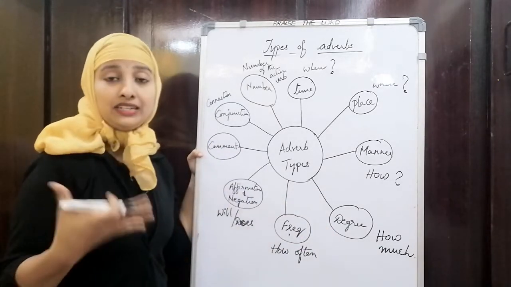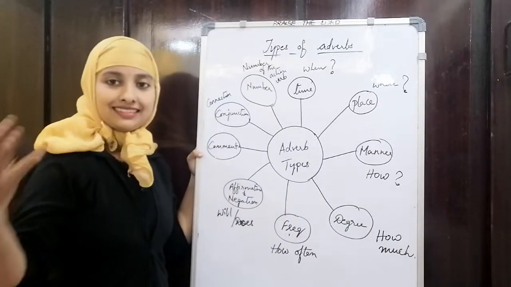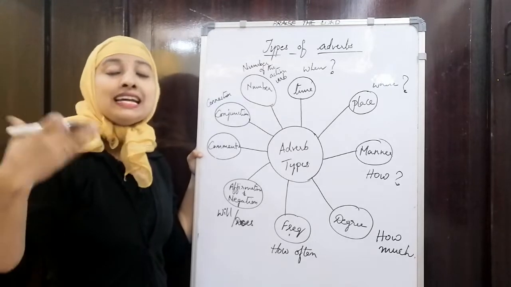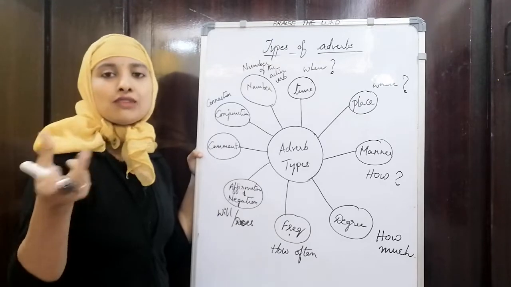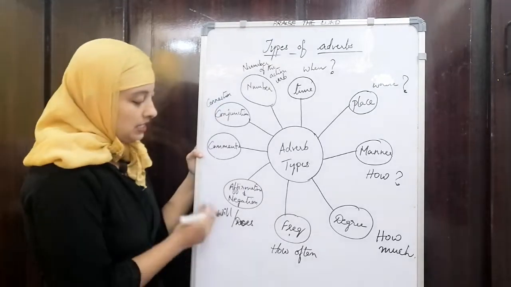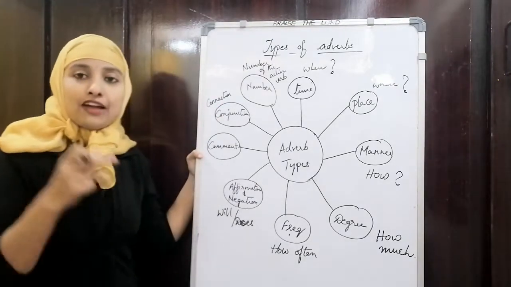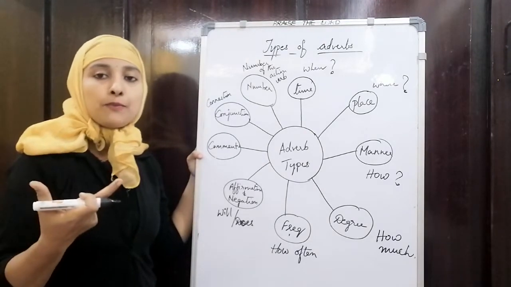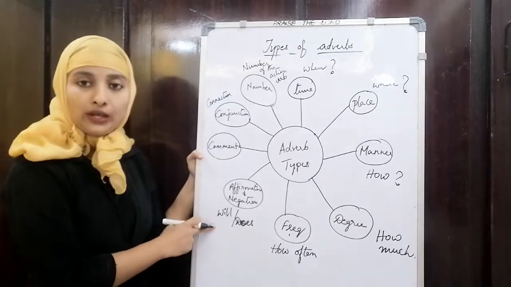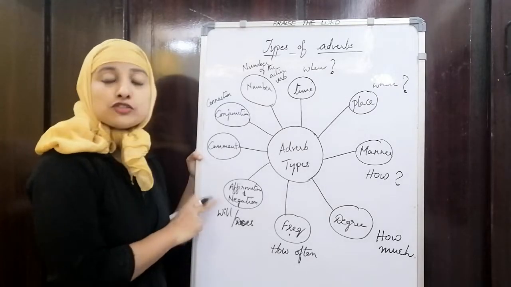Frequency: how often does this happen? Like frequently, rarely, words which indicate how often. Coming to affirmation and negation, affirmation means positive. So when we want to know about some positivity in the question, we'll be asking will, or if it is a negation, does.